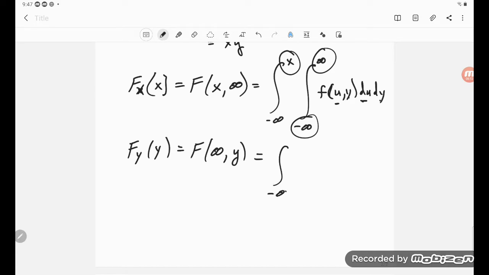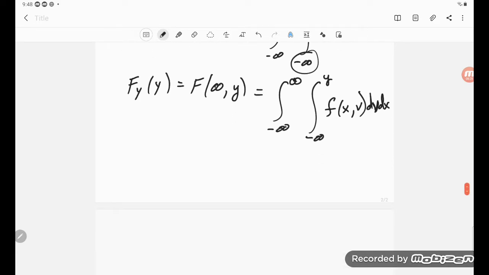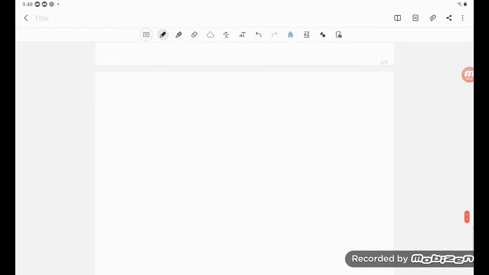This would be minus infinity to infinity, minus infinity to y of f of x and v dv dx. There we go, dv dx. So, okay, those are the marginal distributions, and there's an example.